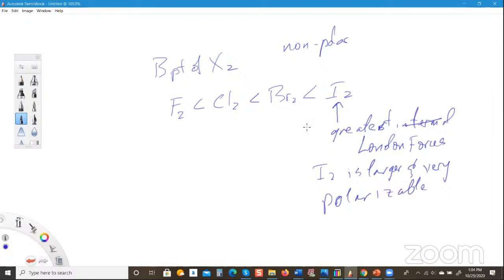So that's what happens in the case of iodine. On the other end of the spectrum here, smaller London forces will exist. And that's because F2 is smaller and not as polarizable.